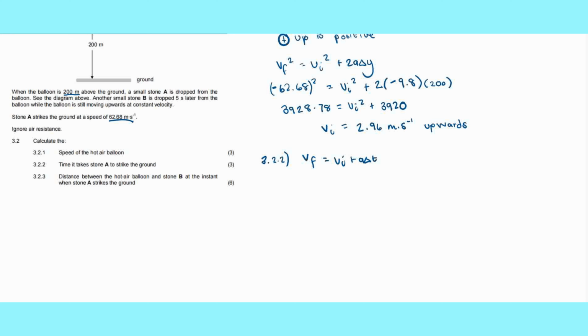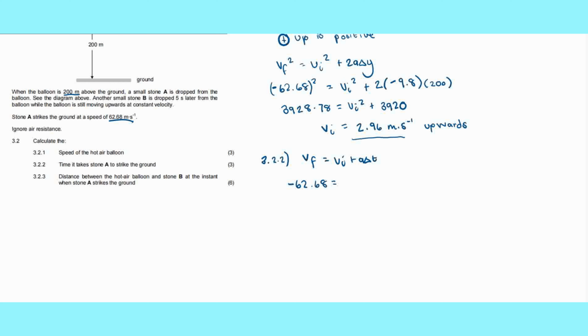Our final velocity is this negative 62.68 meters per second. Our initial velocity is the velocity that we calculated in the previous question of 2.96 meters per second.